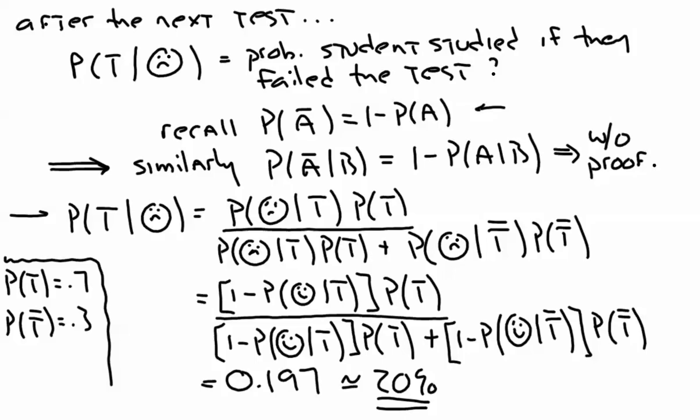A student takes a new test into the future and comes to the office and says, I really studied, but I failed the test. Professor says to himself, what is the probability that this student really did study given that they failed the test? Looks like in this case it's 20%. Making predictions into the future based on past observations and data that was collected.